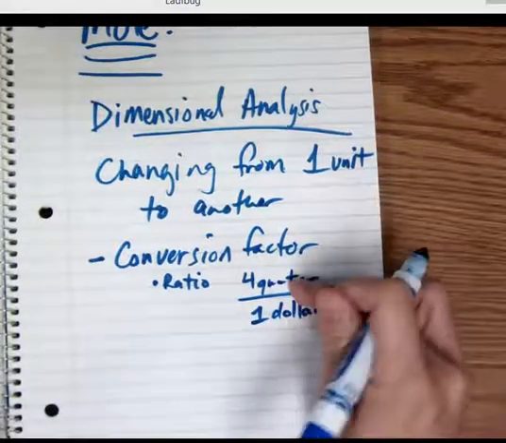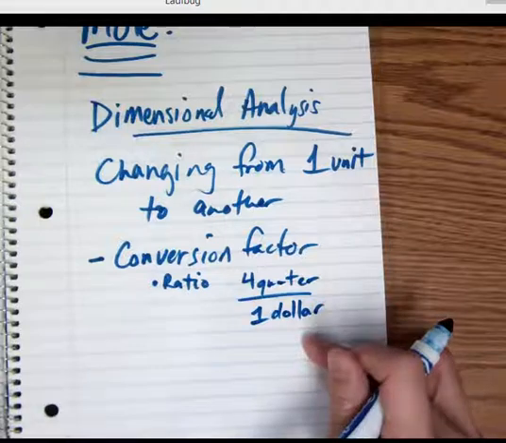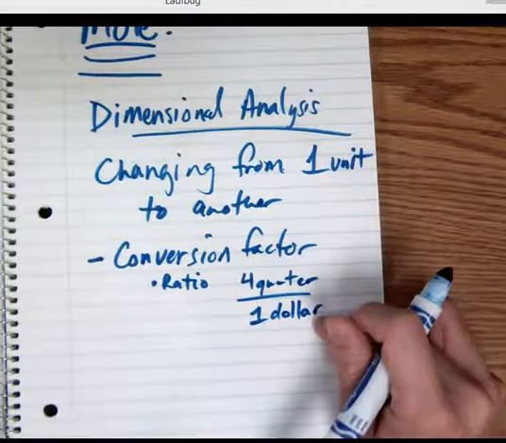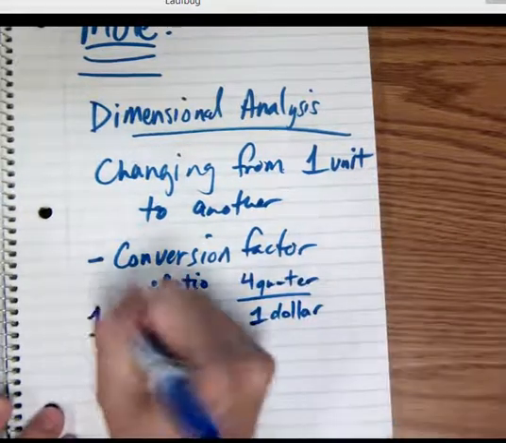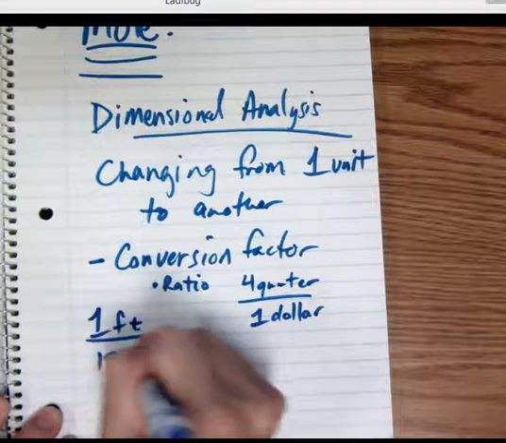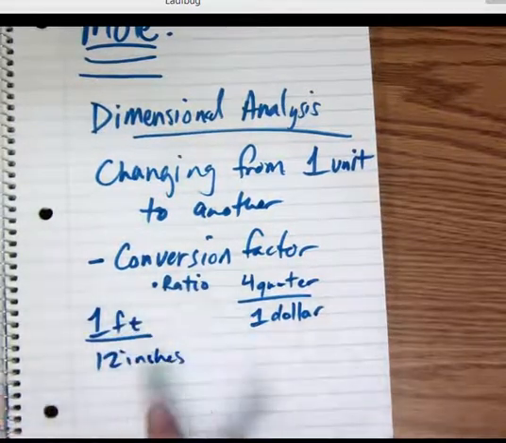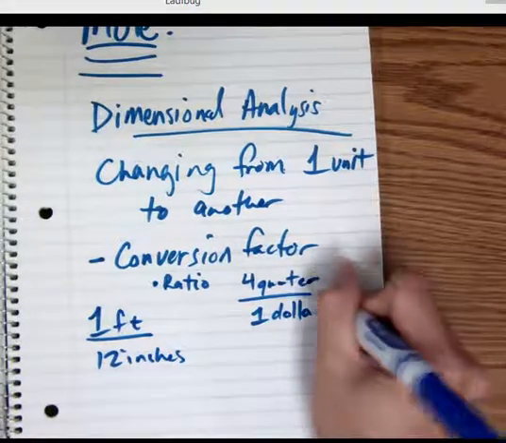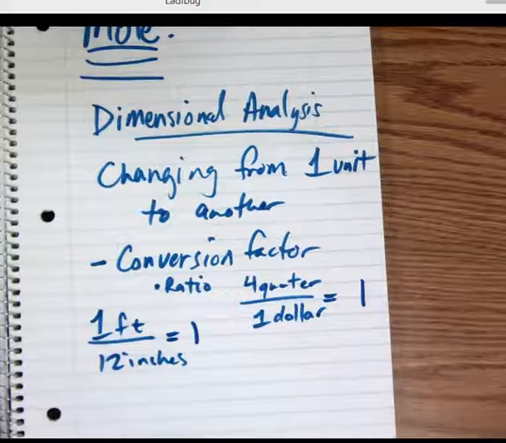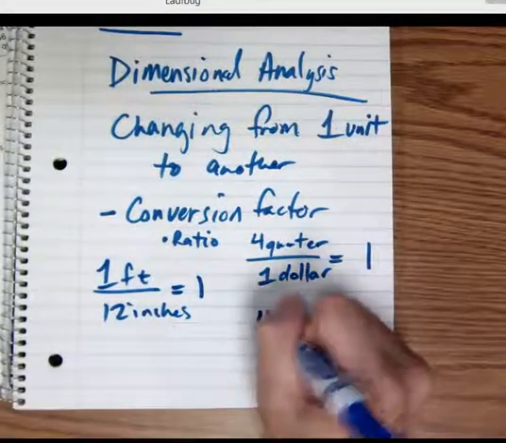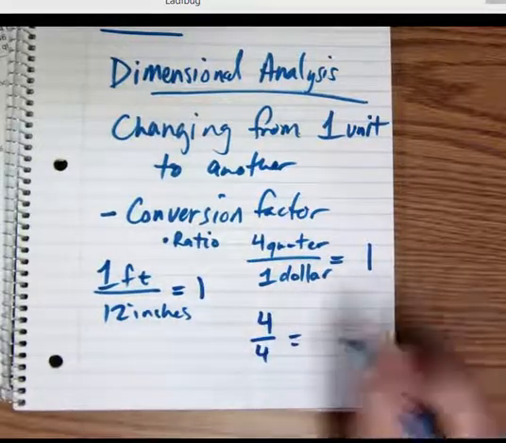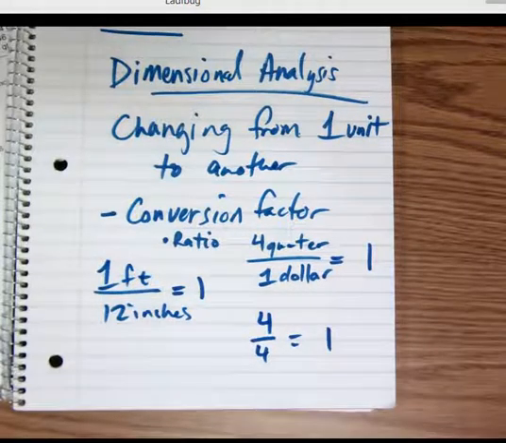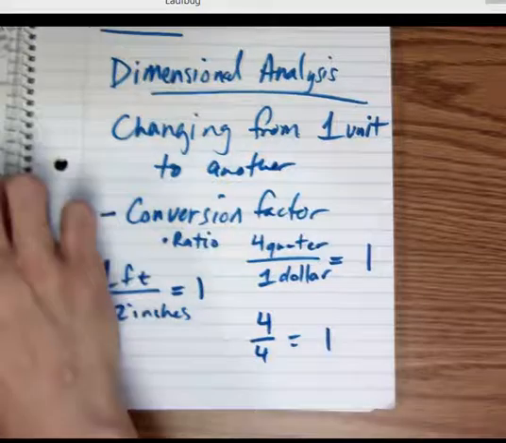The top and the bottom have equal value, but they are different units. 1 foot is equal to 12 inches. Are they not the same? They are absolutely the same. So all conversion factors need to reduce to be equal to 1, the top equal to the bottom, just like when you learn in math, 4 over 4 is equal to 1. So all conversion factors will end up being equal to 1.